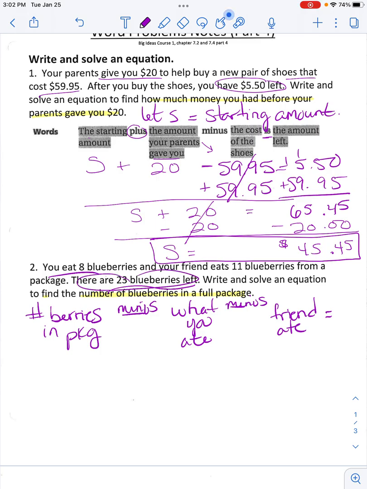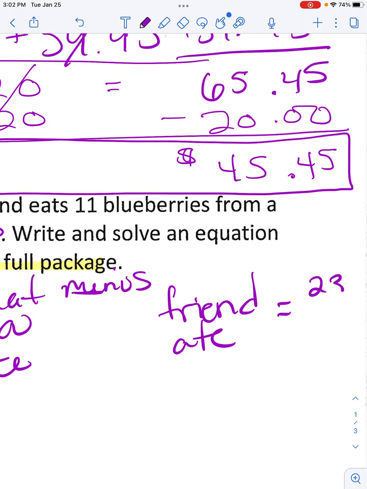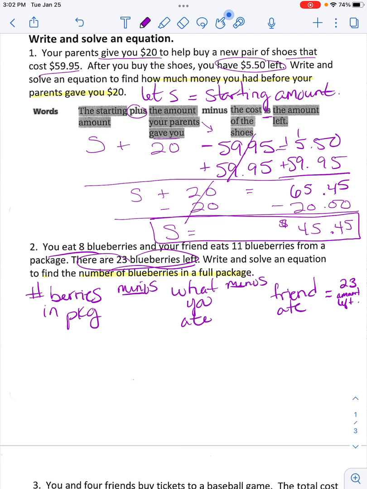And the amount that was left in the package was 23. Okay, so that's kind of how we should be thinking. So we're not quite sure how many blueberries were in the package. That's what we're solving for.